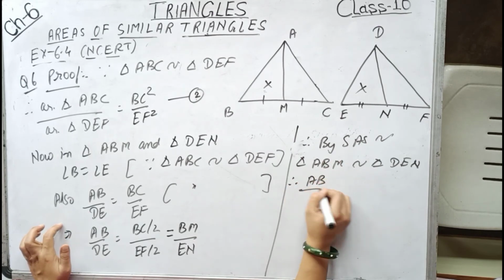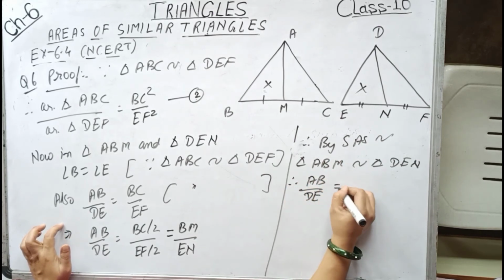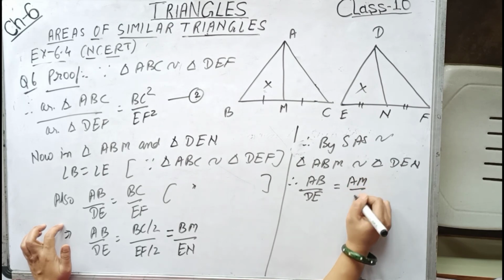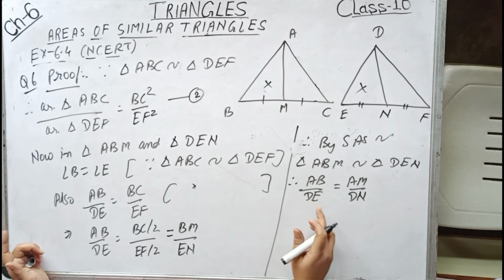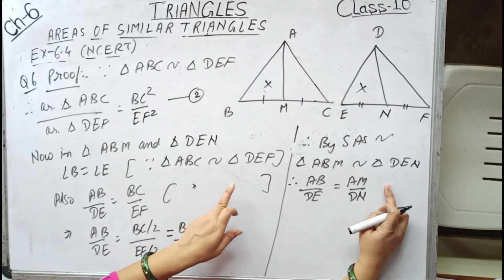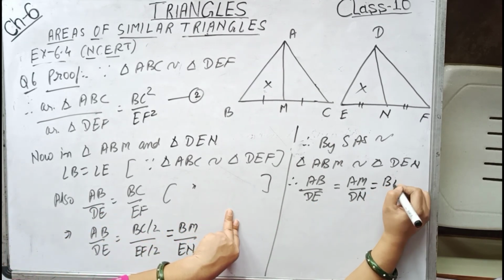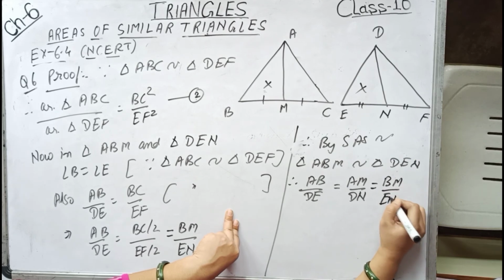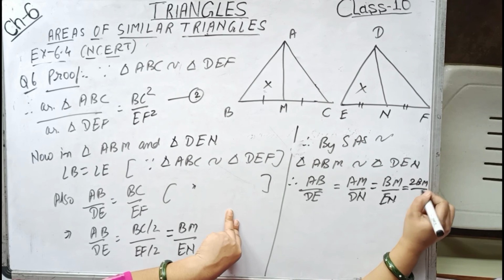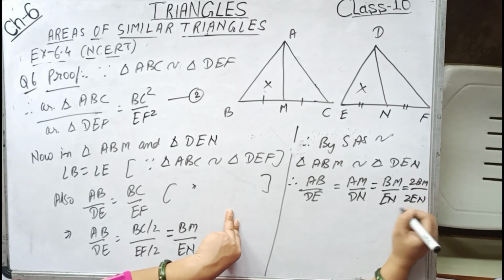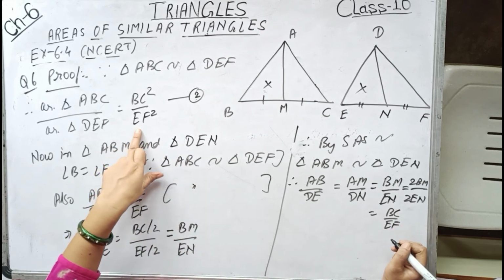Therefore AB by DE equals AM by DN. Now over here I can write equals BM by EN equals twice BM by twice EN equals BC by EF, and can use this relation.